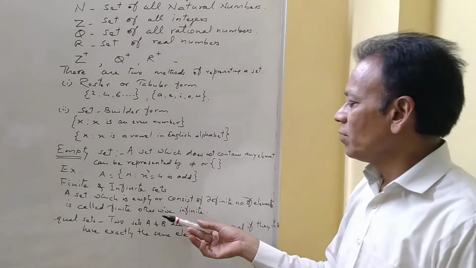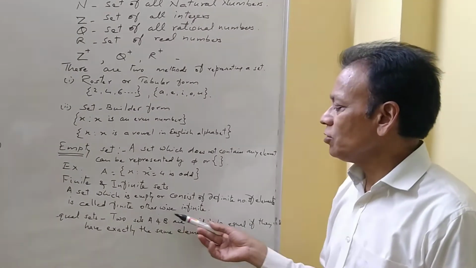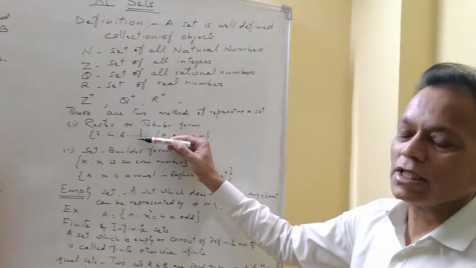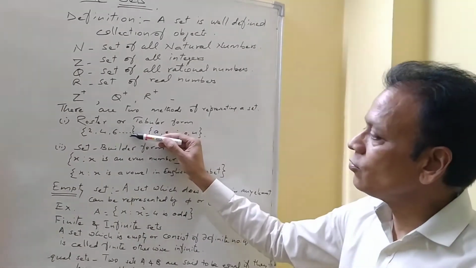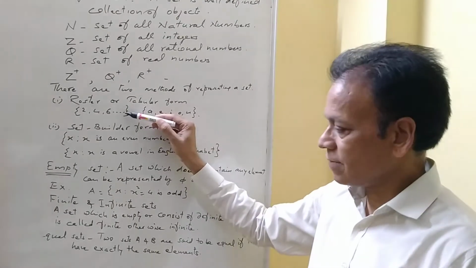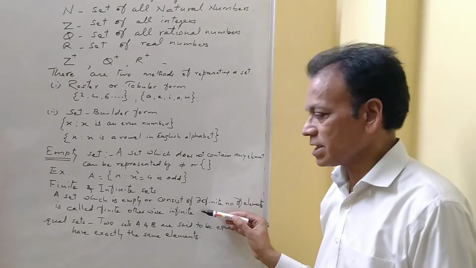And if more elements are there, that will be an infinite set. This is an example of an infinite set, 2, 4, 6 and so on. All the even numbers in a set is an example of an infinite set.